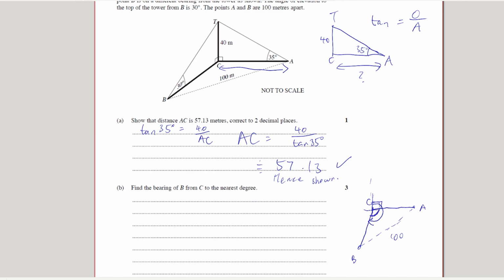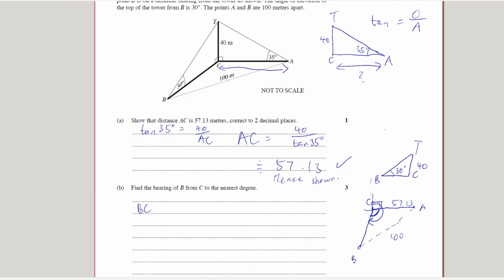So what you want to do is use the cosine formula, because you can get this side. We know this side AC is already 57.13, and we just have to find BC with a similar method here. So let's draw the other triangle for T, C, and B. 30 degrees, 40, and it's the same formula as well.